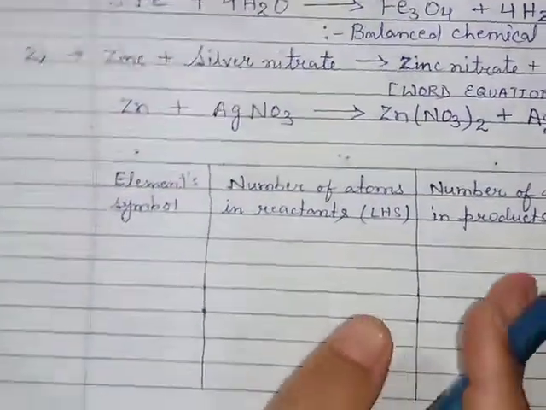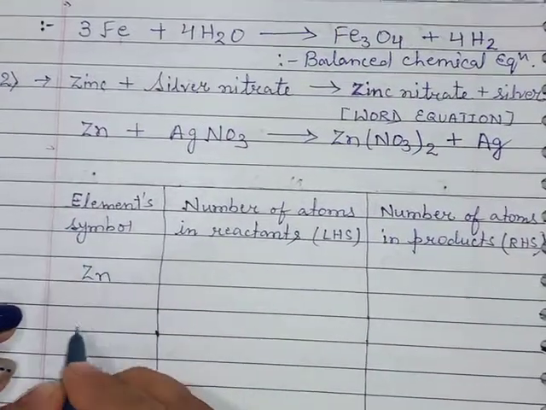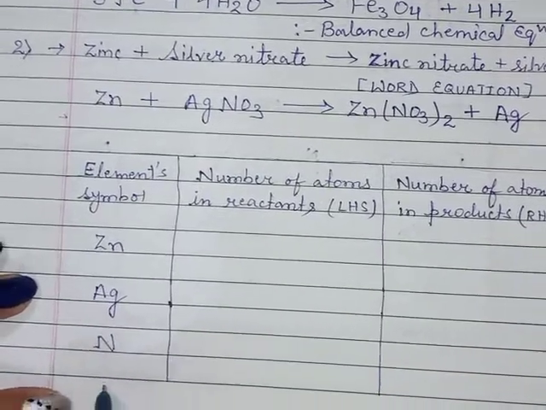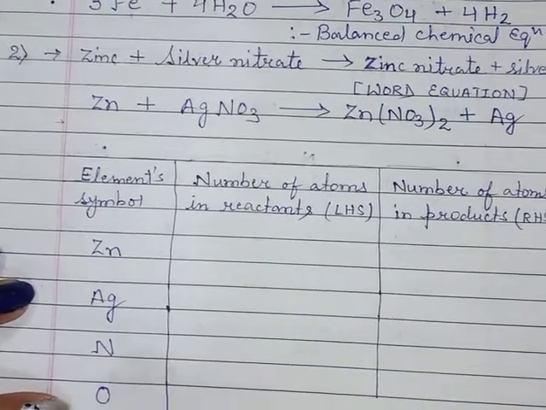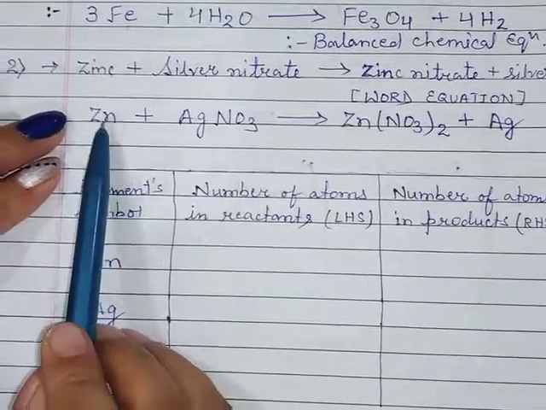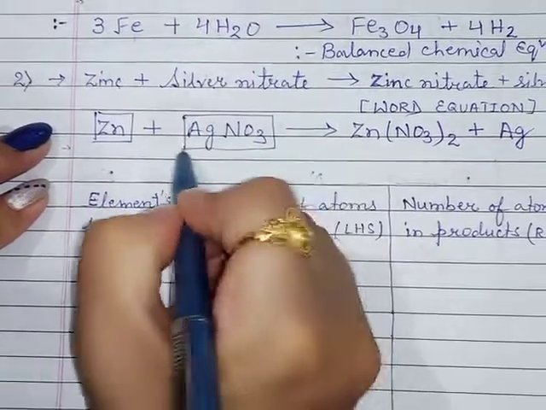Now, as we discussed, first we write the symbols: Zn, Ag for silver, N for nitrogen, and O for oxygen. The second step is counting the number of atoms of reactants. Here we put boxes.